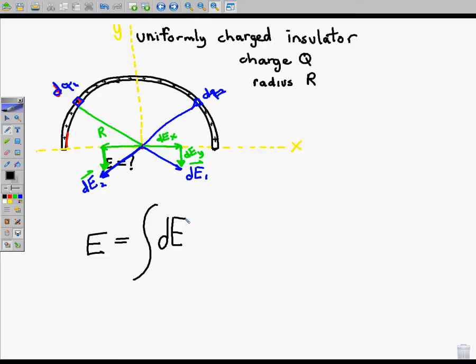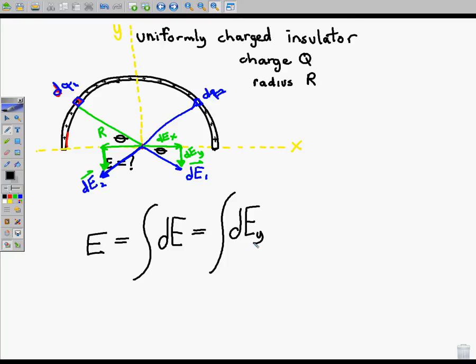Now, if this here is theta, this would be a theta right there. And what we established here is that we don't even need the dExs because they're going to all cancel each other out for all the different dQs due to symmetry. So we established that this is actually just going to be the sum of all of the dEys.